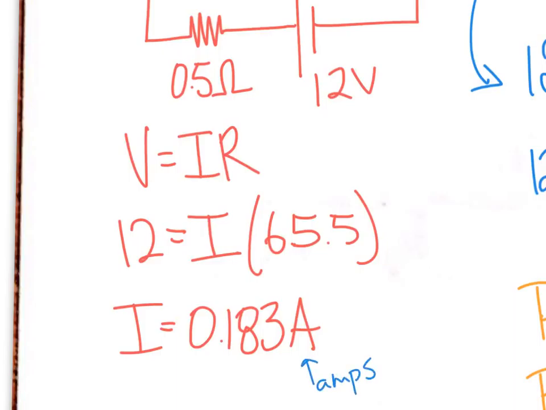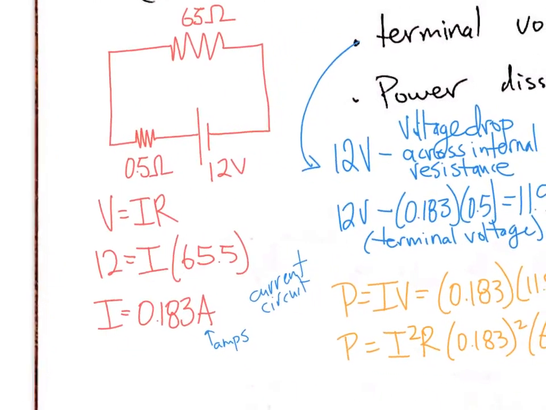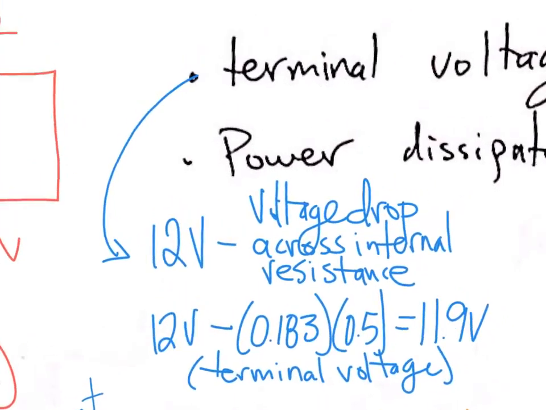So this is the current in the circuit, and sometimes it will be described as total current in the circuit when we get more ambitious.